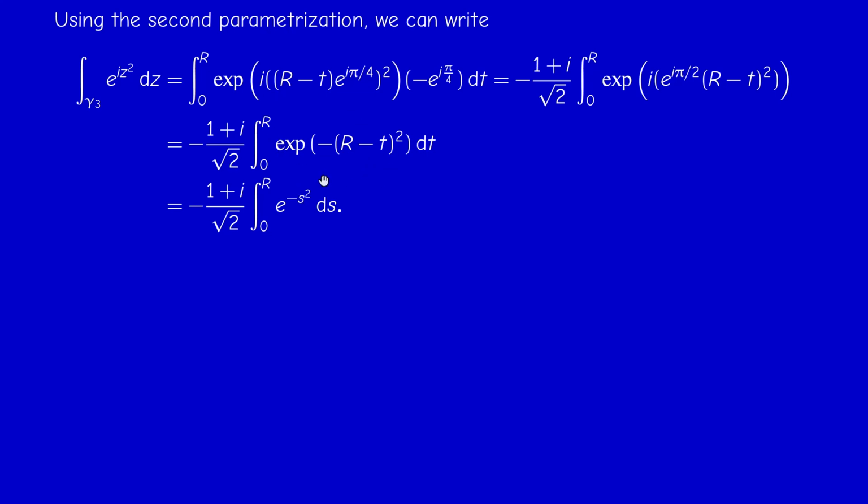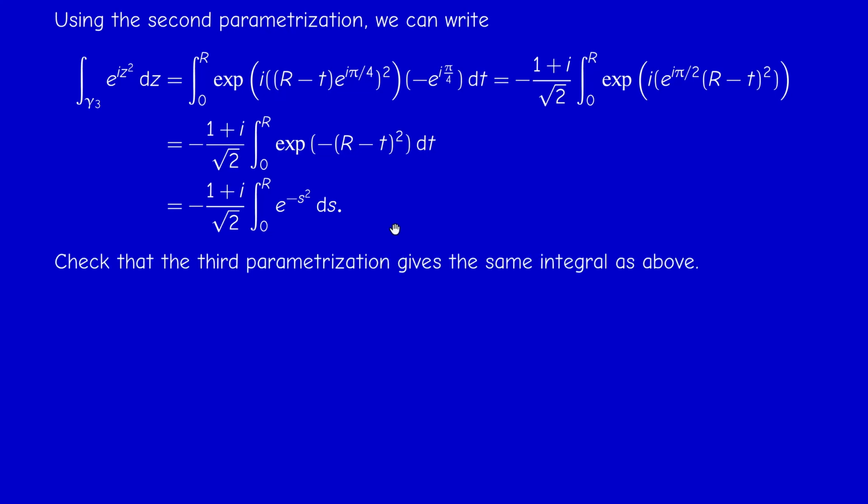But you have to pay attention to the orientation. Even if t is between 0 and r, we have to look at the orientation: is it from 0 to r or from r to 0? Now I leave it to you as an exercise to check that the third condition gives the same integral.